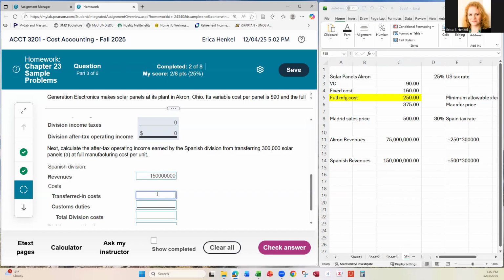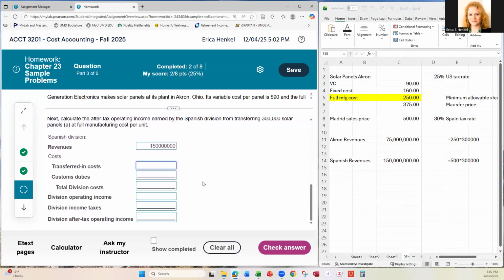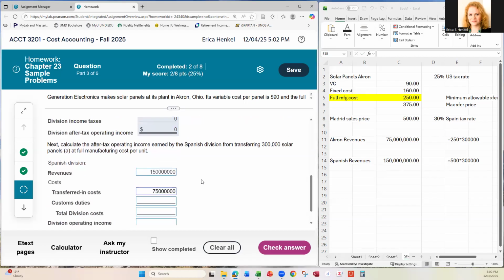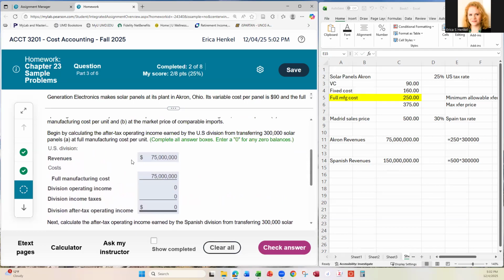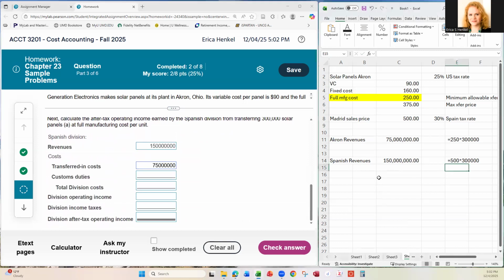And then the transferred-in costs are going to be what they paid for it, which is that 75 million. But there's a 17% import duty now. So we've got to figure that out. The import duty is going to be 17% times that transfer price of 75 million.